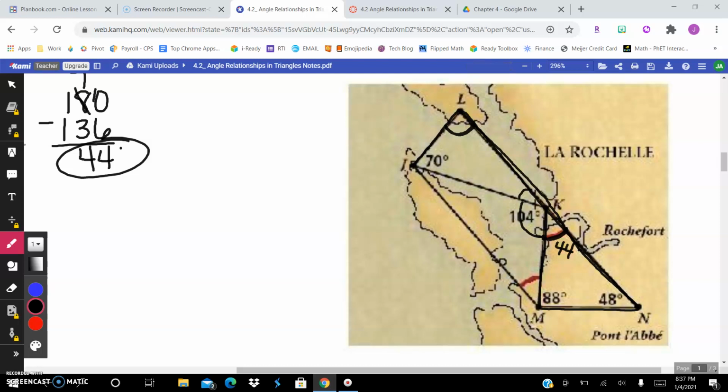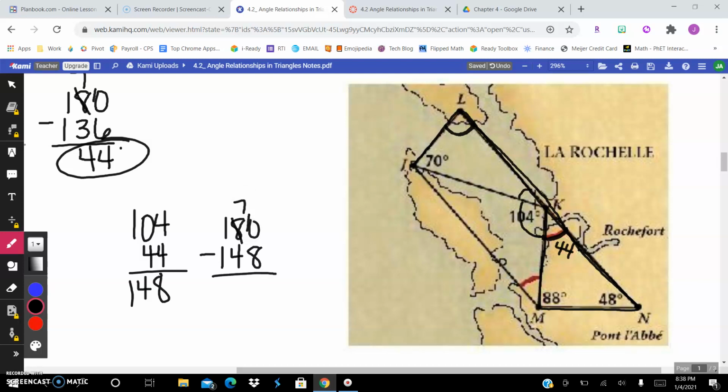So those three angles together form a straight line, and a straight line is also 180 degrees. So we know the 104, and we know the other one's 44. If we add those together, we get 148. And we know that the missing angle is going to give us 180. So I'm going to subtract, and we get 32 degrees. So this angle here is 32 degrees.